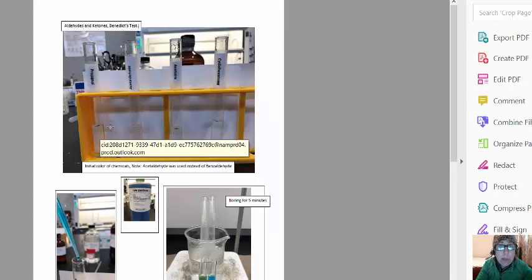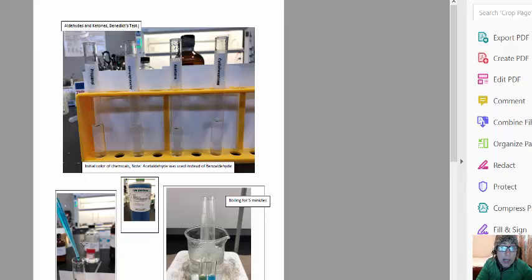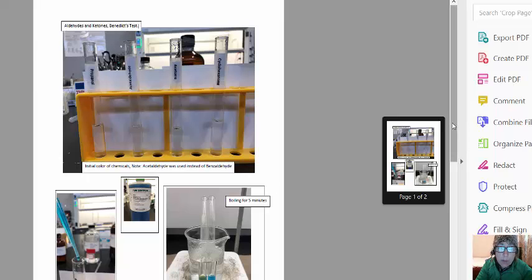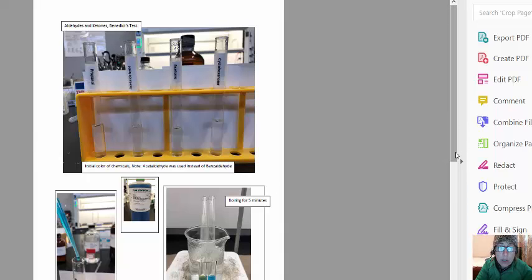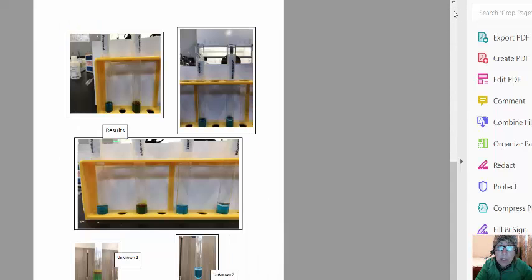So here are the photos of the Benedict's test, and from left to right are the chemicals. And then here are photos of our lab tech doing the actual chemical reaction.